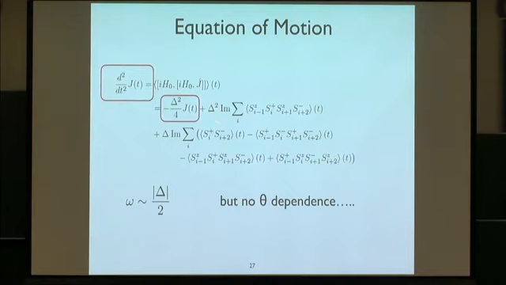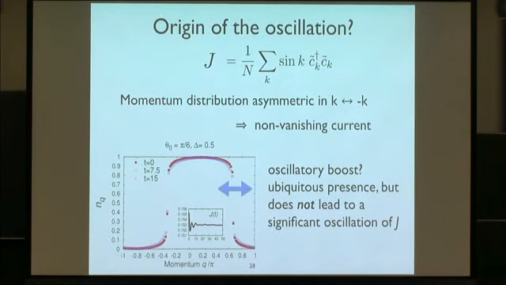And from here, you can read off, of course, the frequency, that is just the absolute value of the interaction delta divided by 2. But this simple argument doesn't give you the theta dependence. So this is, of course, not really precise, but maybe this dependence on delta may be understood partly in this way, but this is just an argument.